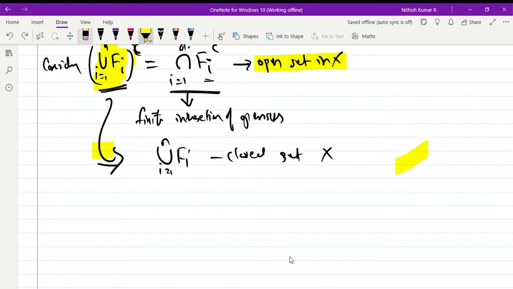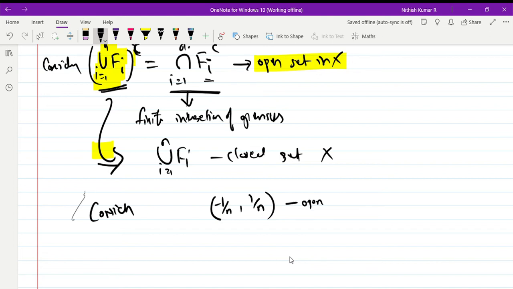So consider, for an n belongs to N, the interval (-1/n, 1/n). Now this interval, for a natural number n, is clearly an open interval, hence an open set.